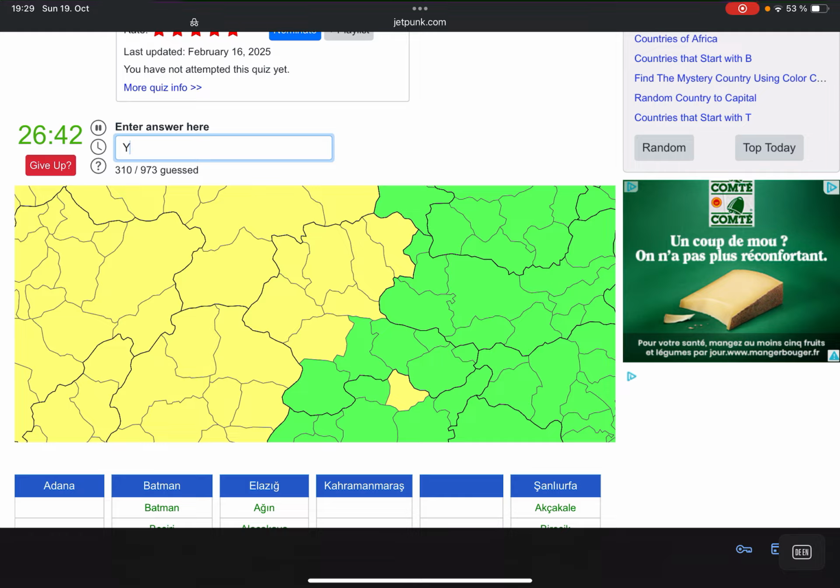So continuing over here with Akçadağ, Darende, Hekimhan, Koluncak, and Yazıhan, Arguvan, and Arapgir.